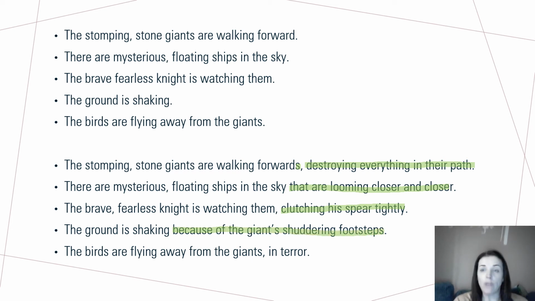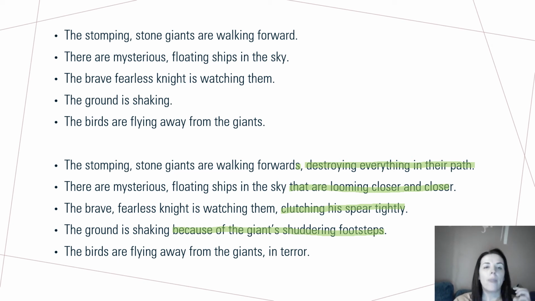Now, I could have just put because of the giants. The ground is shaking because of the giants. That would have worked really well. But to explain a little bit more about what the giants were doing, those footsteps were colossal, they were huge. I thought about using the word huge, but actually shuddering made me think of the ground shaking.